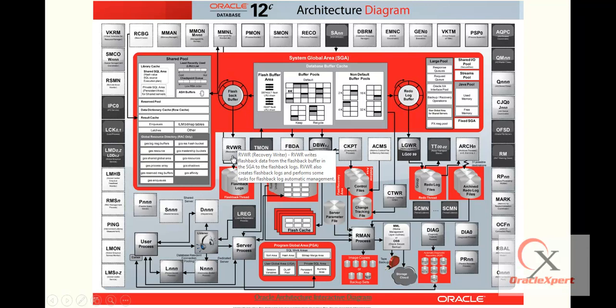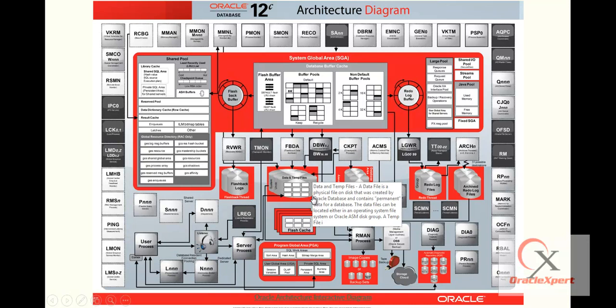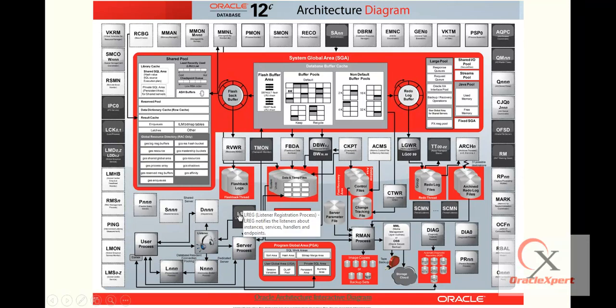FBDA is also responsible for automatically managing the flashback data archive for space, organization such as partitioning tablespaces, and retention. FBDA also keeps track of how far the archiving of tracked transactions has progressed.